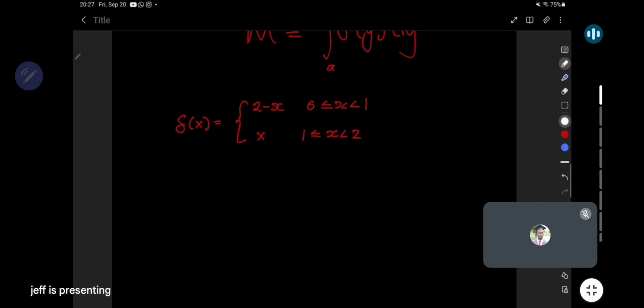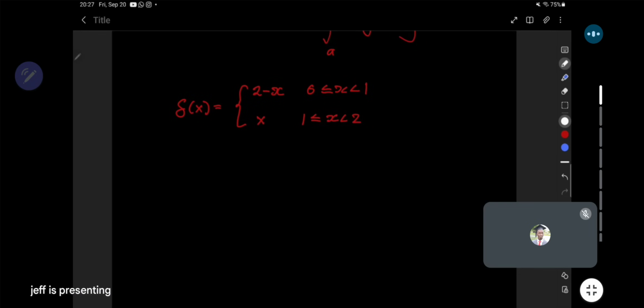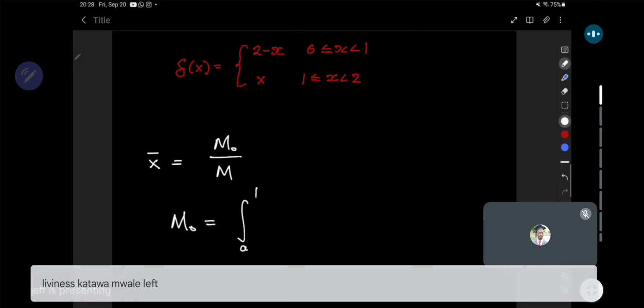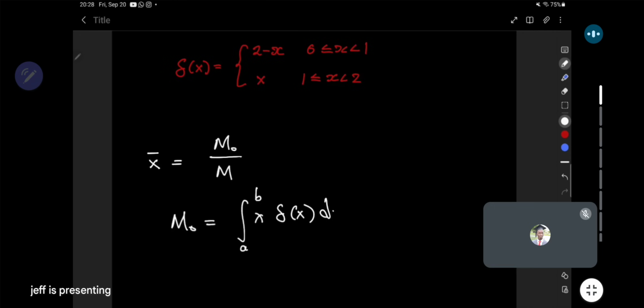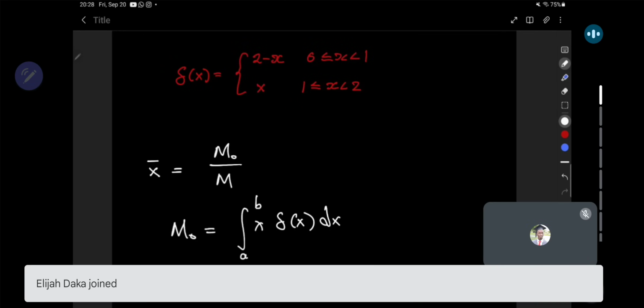Because the density takes different shapes for different intervals, here, same thing, it lies on the x-axis. So basically we are just trying to find x bar, which is m0 over m. So m still takes the same shape, the integral from a to b of x times the density, a function of x, dx. But because the density takes different shapes, you have to define it for each particular interval.